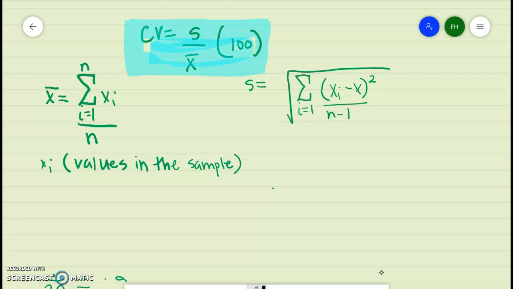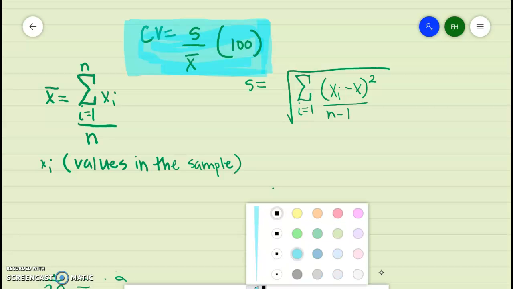So this looks pretty simple. The coefficient of variation looks pretty simple, but when you actually look at the standard deviation, it's a little bit more complicated.